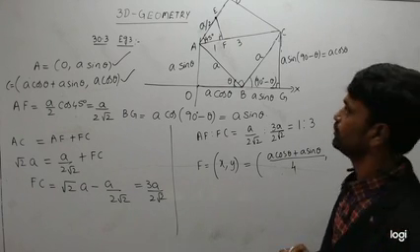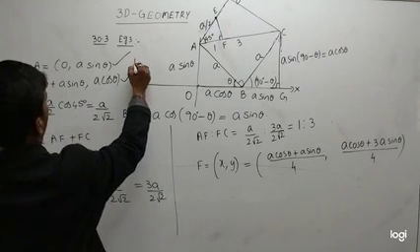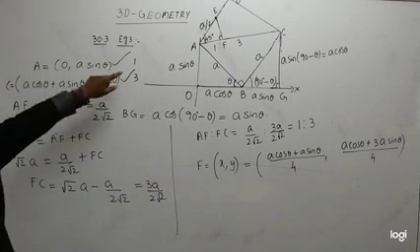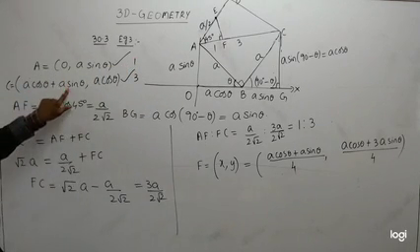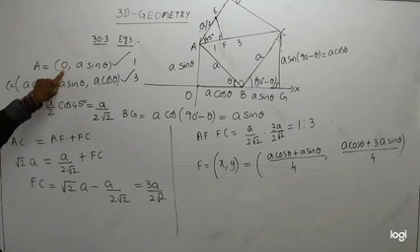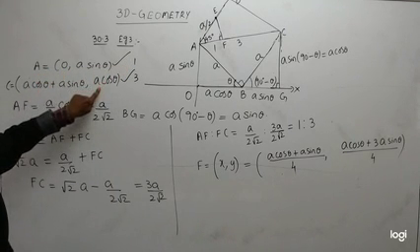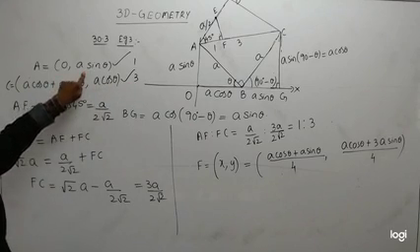So once again, if you observe, the ratio is 1 is to 3. So 1 into a cos theta plus a sin theta plus 3 into 0, divided by 1 plus 3, 4. Correct? Next, 1 into the y coordinate, a cos theta, plus 3 into a sin theta, 3a sin theta, divided by 1 plus 3, 4.